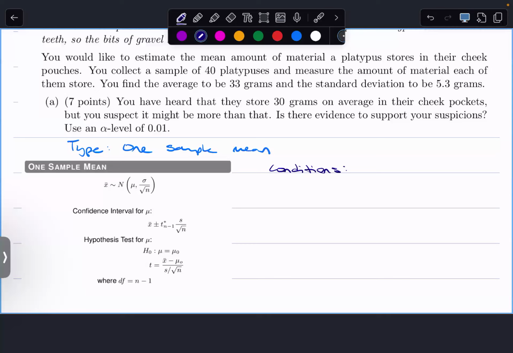So option one, we assume the 40 platypuses are independent of each other.